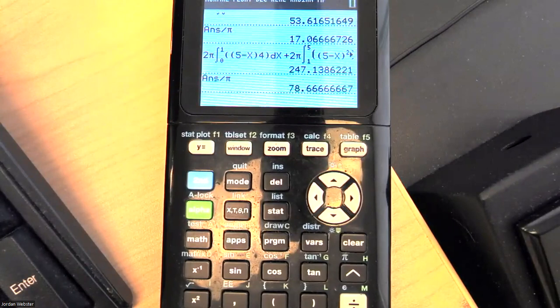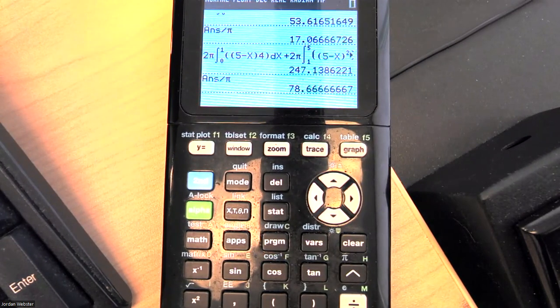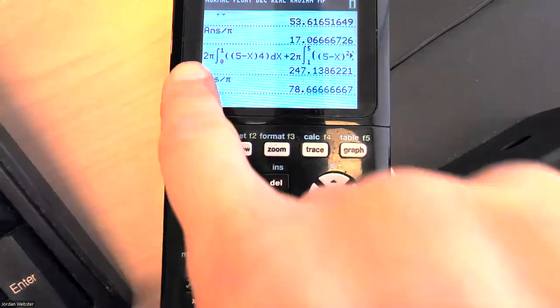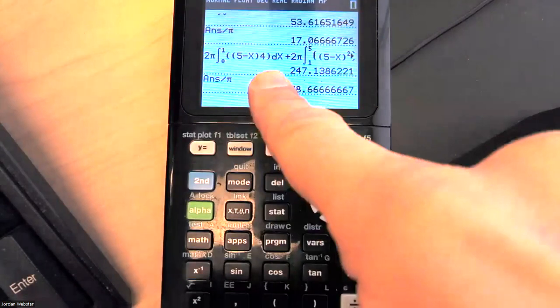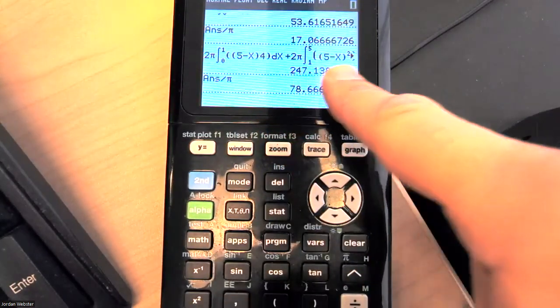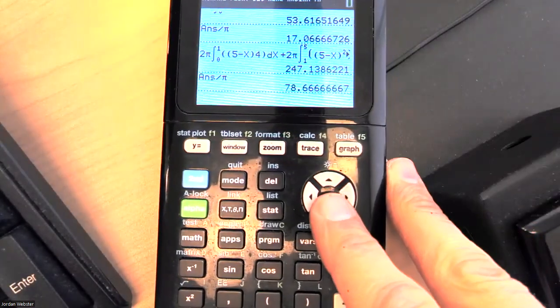So you can see the previous one I typed in: 2 pi integration plus 2 pi integration. That was what I had earlier.